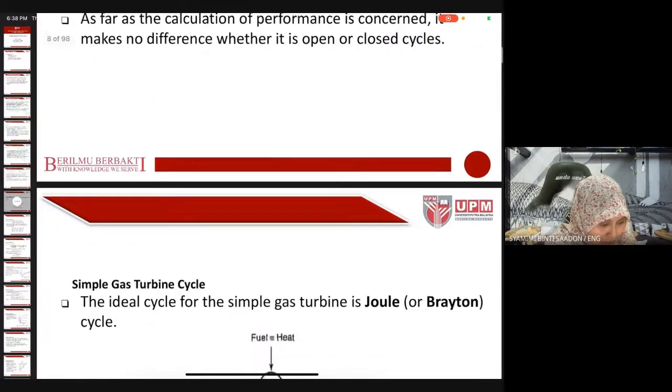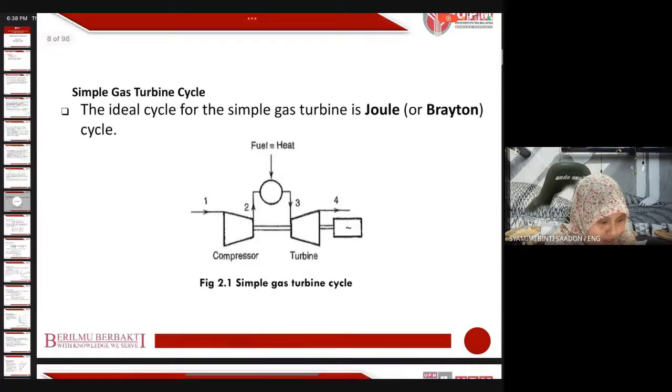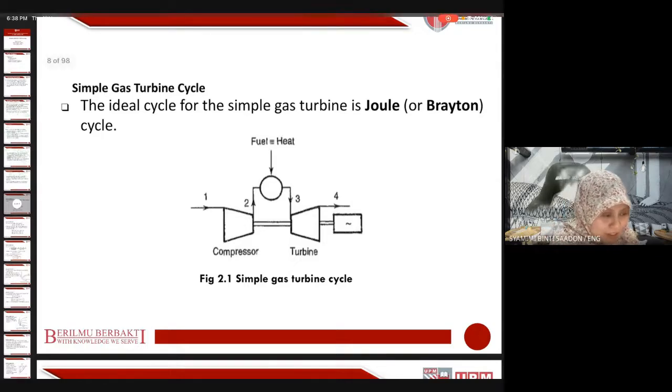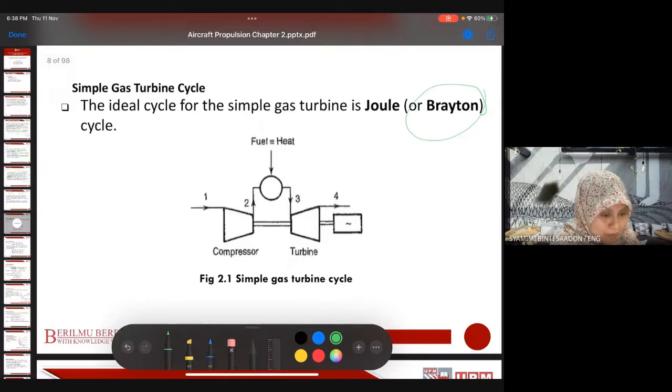Next. This is the schematic diagram of a simple gas turbine cycle. The cycle has a name: the Joule or Brayton cycle. Usually we will use the name Brayton cycle for the gas turbine cycle.